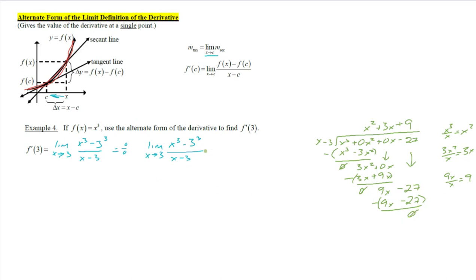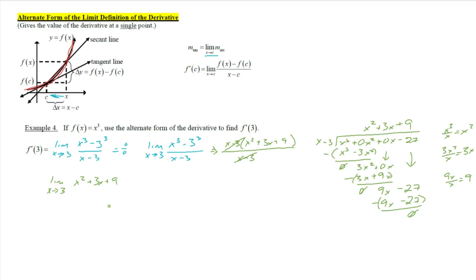So we can simplify this equation now by looking at it as the limit. This would be x minus 3 times x squared plus 3x plus 9 all over x minus 3. The two denominator terms come out, so now we've got the limit as x approaches 3 of x squared plus 3x plus 9.